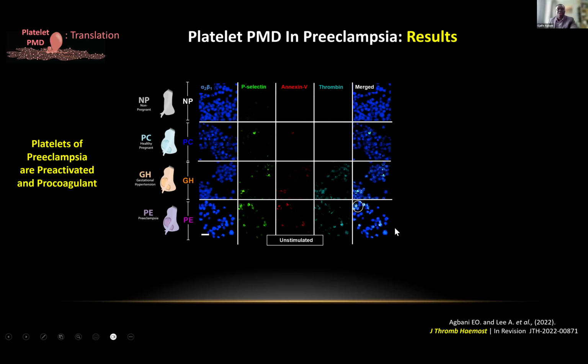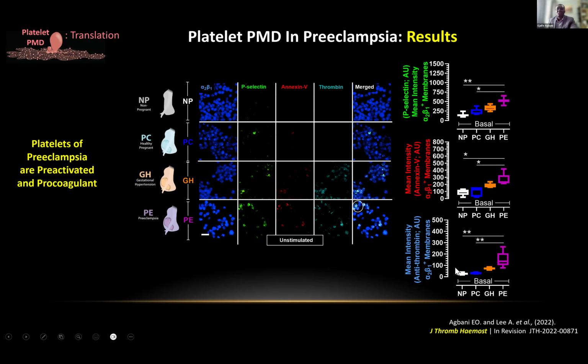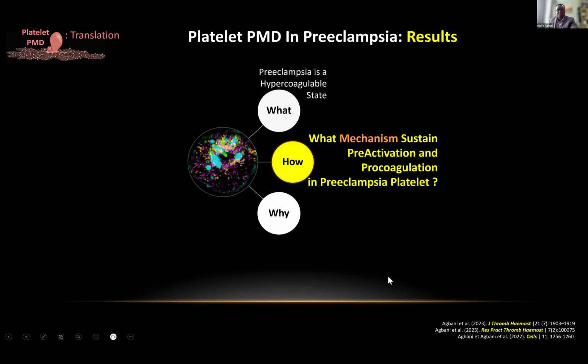I'm pointing to a microaggregate that we see here: increased P-selectin, increased annexin V, increased membrane signal, all pointing to a pre-activated and procoagulant phenotype. And these confirm our observation that there is significant platelet activation, coagulation, and formation of thrombin on the membrane of the platelet in preeclampsia compared to without pregnancy.